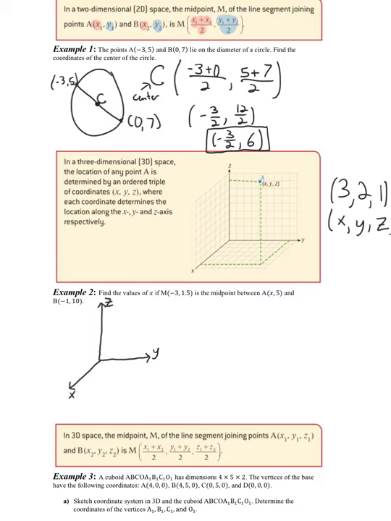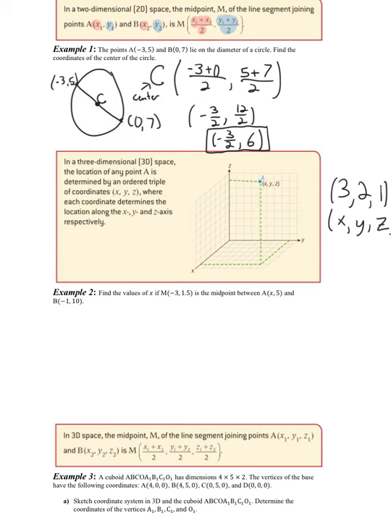Now for this next one, it's example 2 here. Even though we have a 3D point there, example 2 is actually still working in 2D here. It's saying that we're finding the values of x if the midpoint is -3, 1.5.